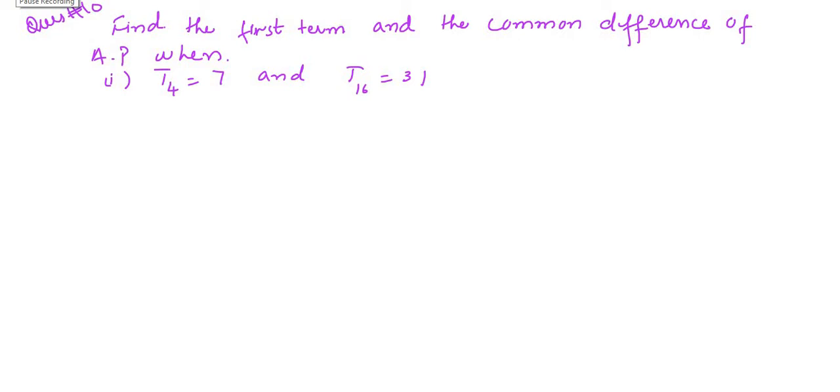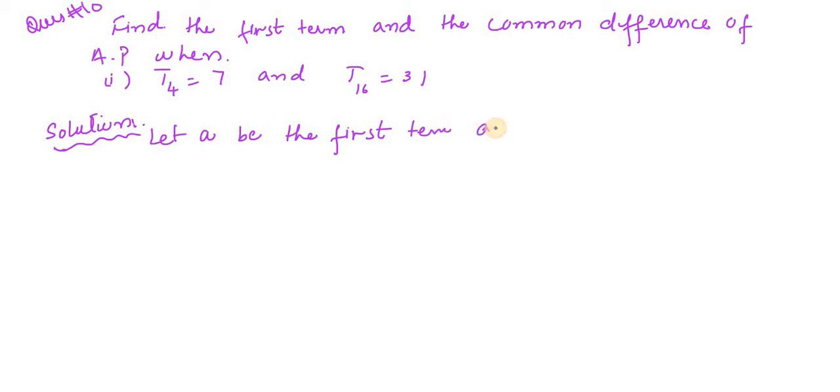So the 4th term is 7 and the 16th term is 31. Solution. Let a be the first term and d be the common difference.